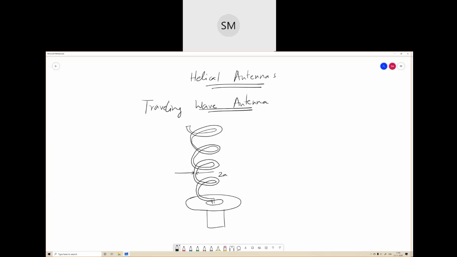The diameter of each loop, the diameter of the helix, is D. The length of each turn is L0, as shown here.